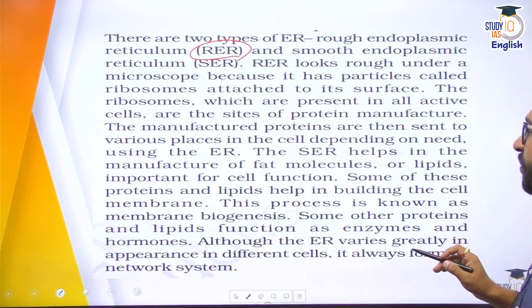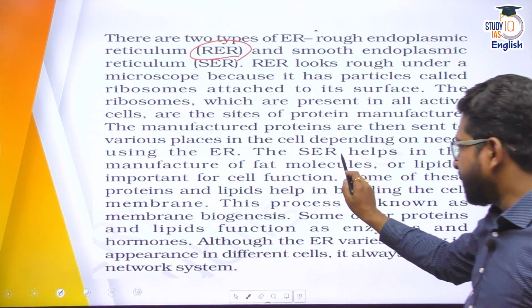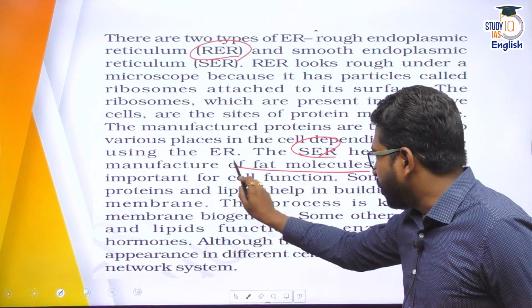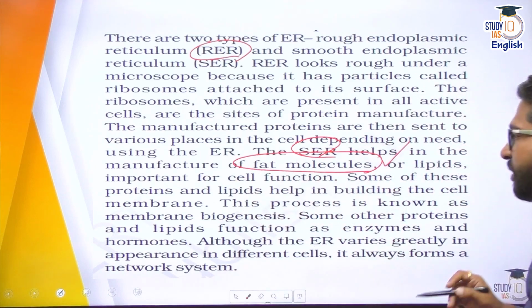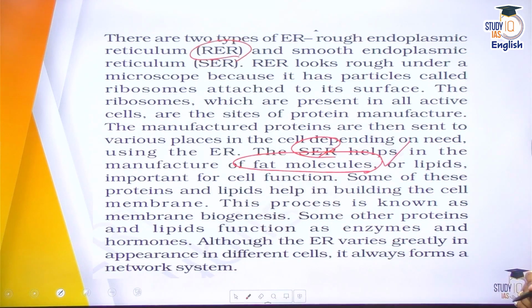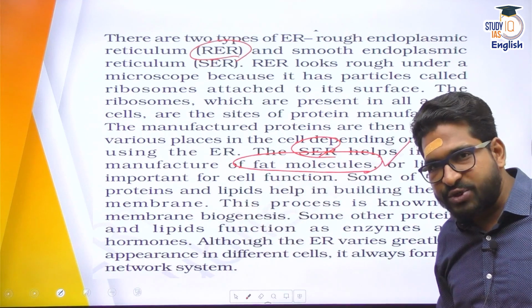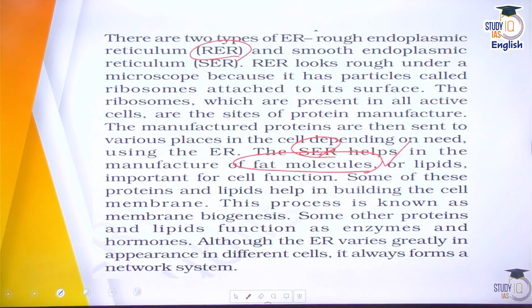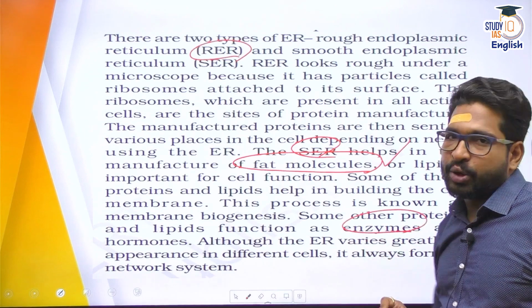The smooth endoplasmic reticulum helps in production of fat molecules, or lipids. Some of the proteins and lipids help in building the different membranes that we saw: cell membrane, plasma membrane, etc. Some other proteins and lipids that are produced by the endoplasmic reticulum also act as enzymes and hormones.